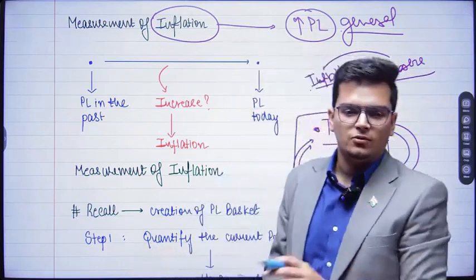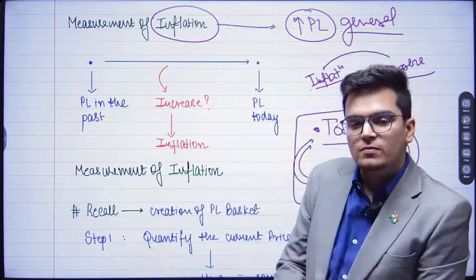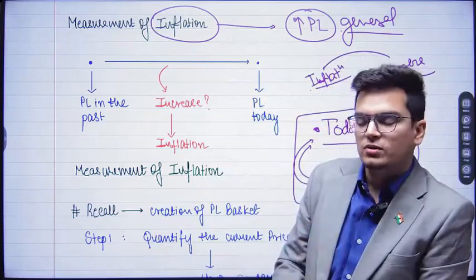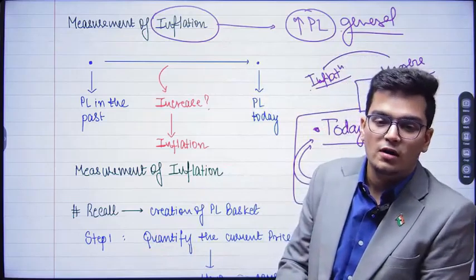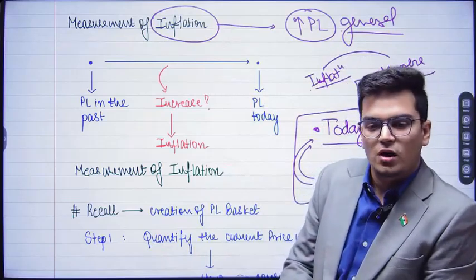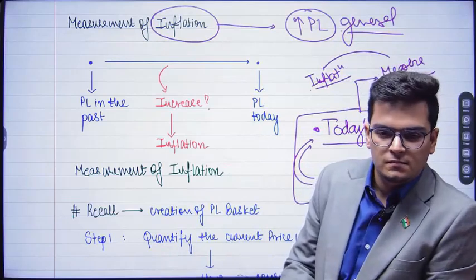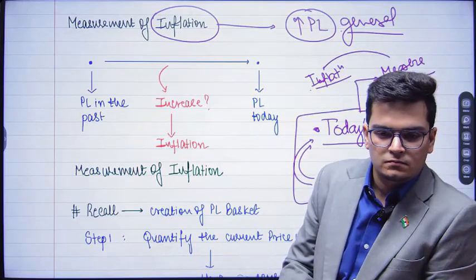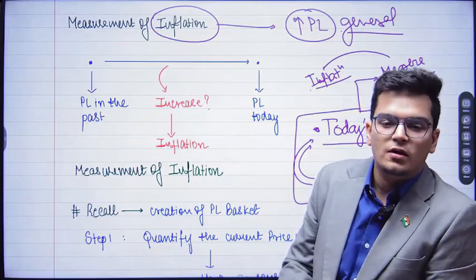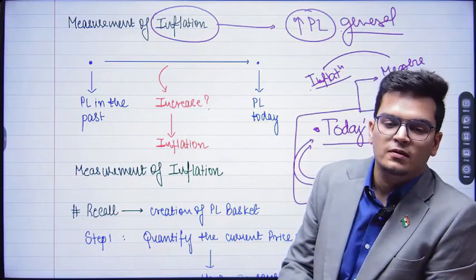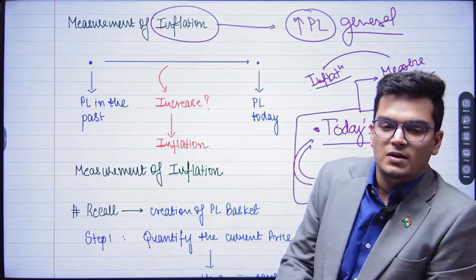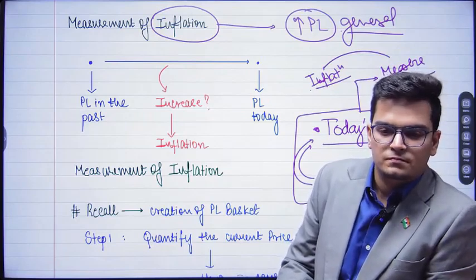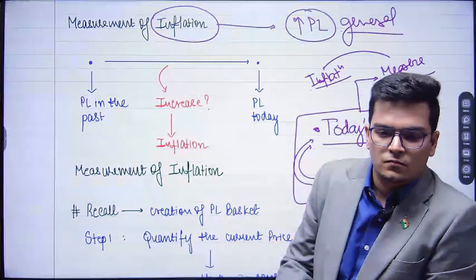अब एक बात बताओ, is there any other way to measure inflation that you already know? ऐसा कोई तरीका है इन्फ्लेशन मेजर करने का जो आपको ऑलरेडी आता है, that you have already read? Is there some type of measure of inflation? Very good.